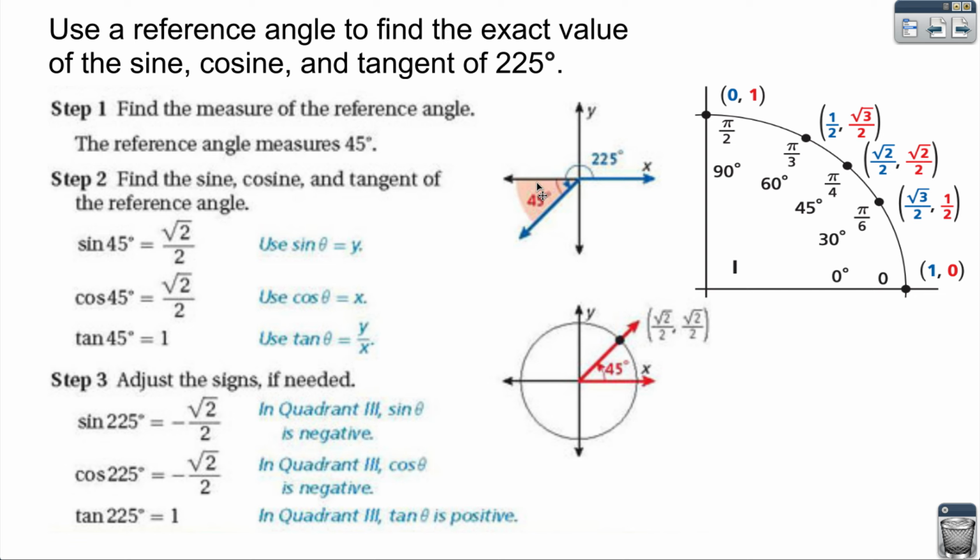However, considering you're in the third quadrant, any x-coordinate in the third quadrant must also be negative, correct? And on the very last note, for tangent 45 degrees, tangent means to divide your y value over the x value. So think about this. What would happen if you divided these two?